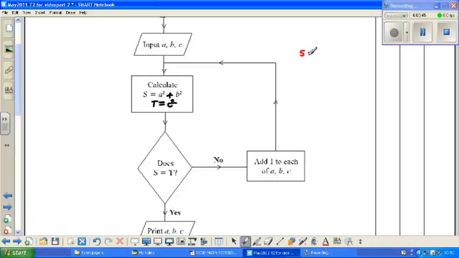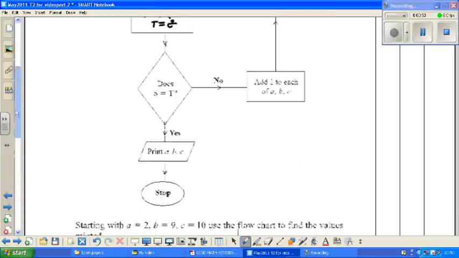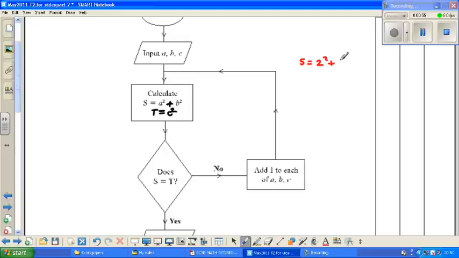For the first one, we're going to work out A, which was 2, squared, plus B, let me just check again, B is 9, so 9 squared. That is 4 plus 81 equals 85.